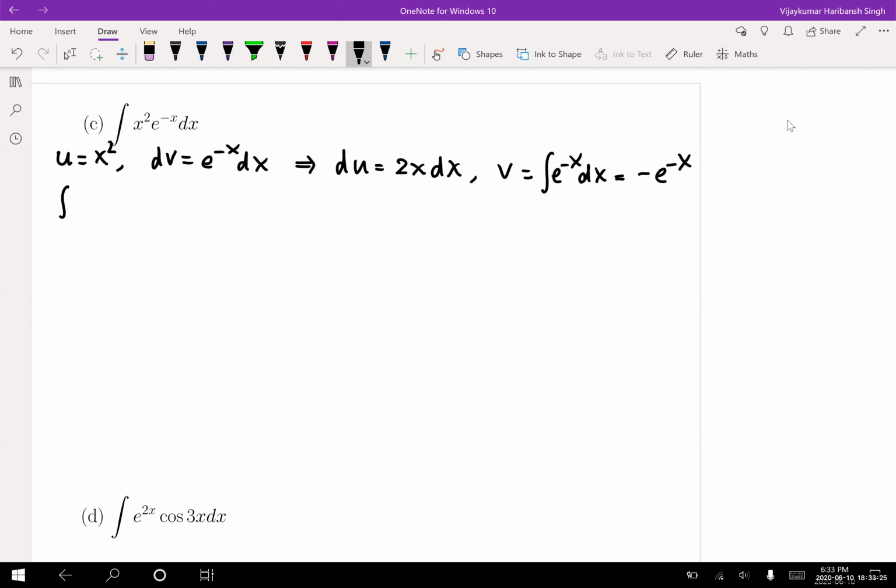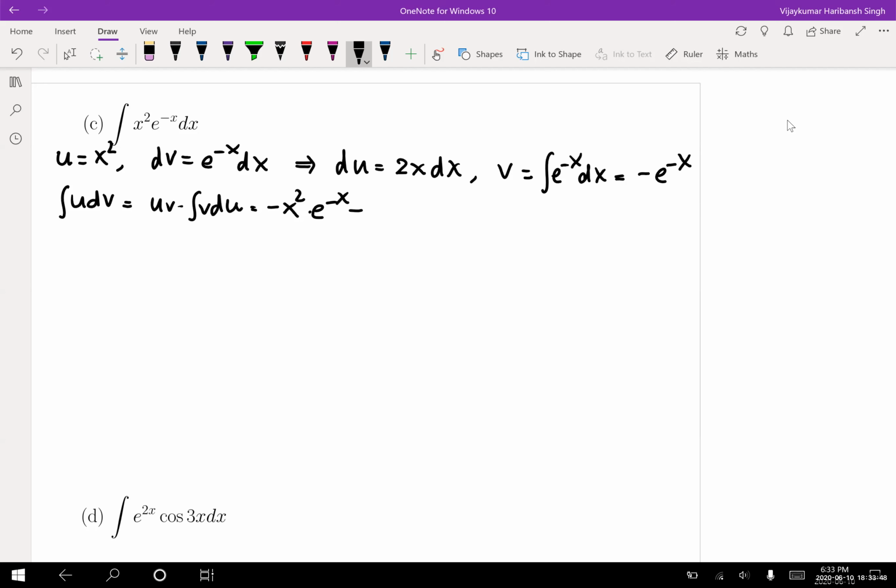So now let's write down the by parts formula. So you have the integral of u dv is uv minus the integral of v du. So that is going to be u is x squared, v is e to the power minus x with a minus sign. So let me amalgamate that minus sign in the front here.